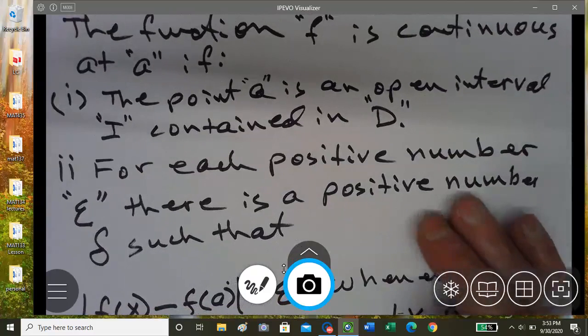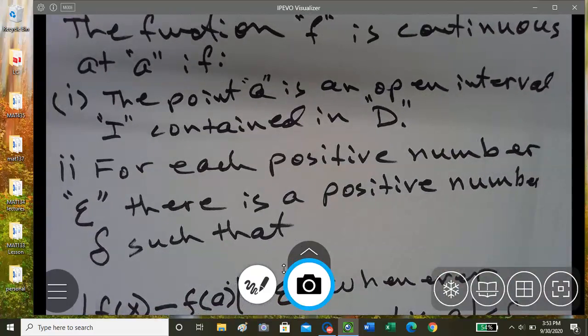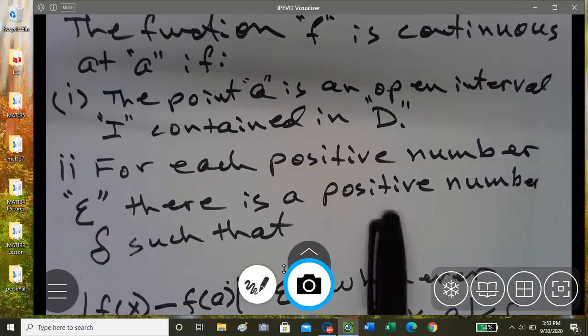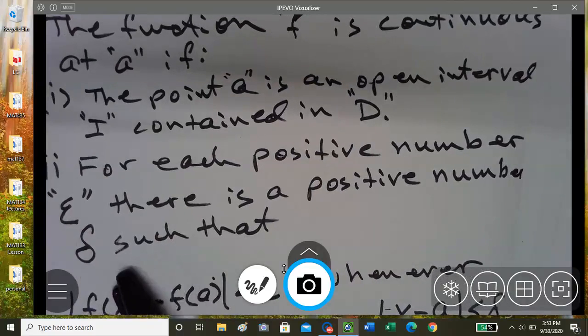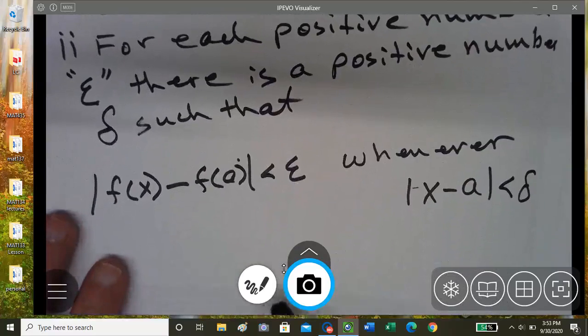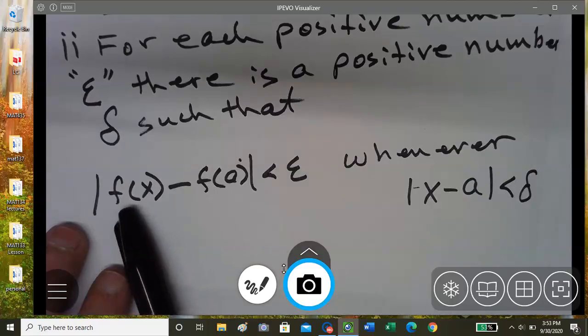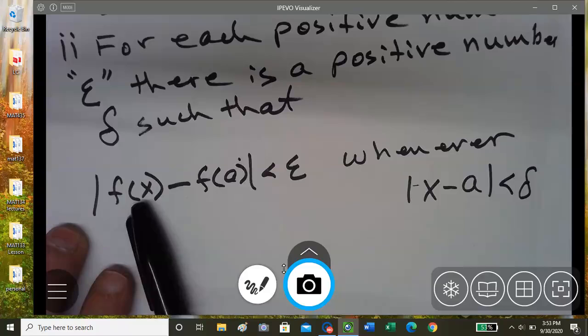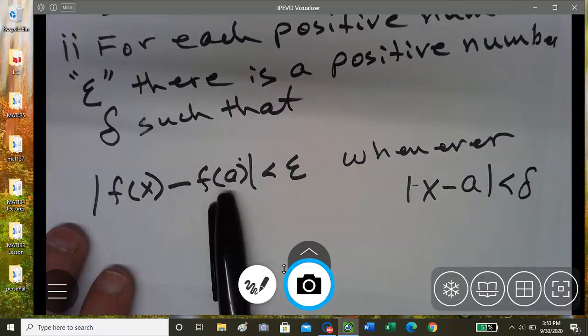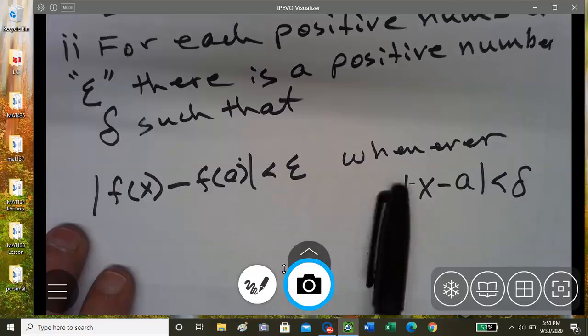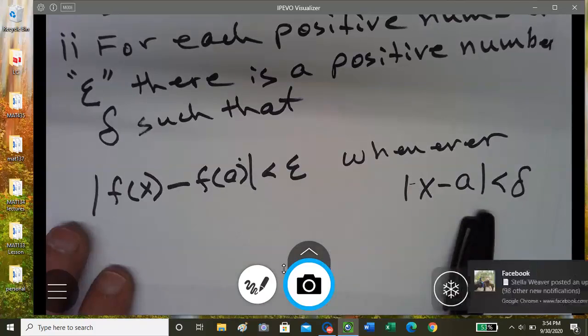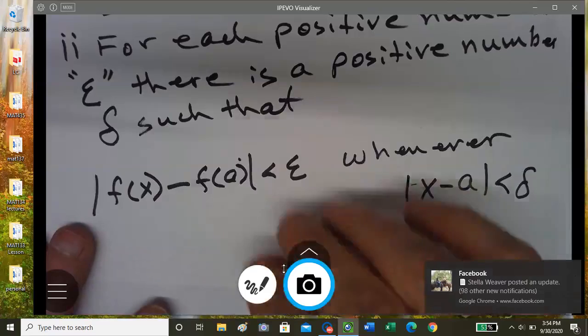For each positive number epsilon, there is a positive number delta, such that the absolute value of f(x) minus f(a) is less than epsilon whenever |x minus a| is less than delta.